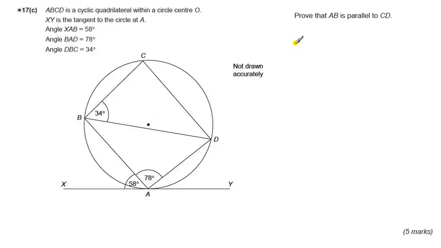So since ABCD is a cyclic quad, I'm going to do it a little bit in shorthand because I've got a lot of room here.